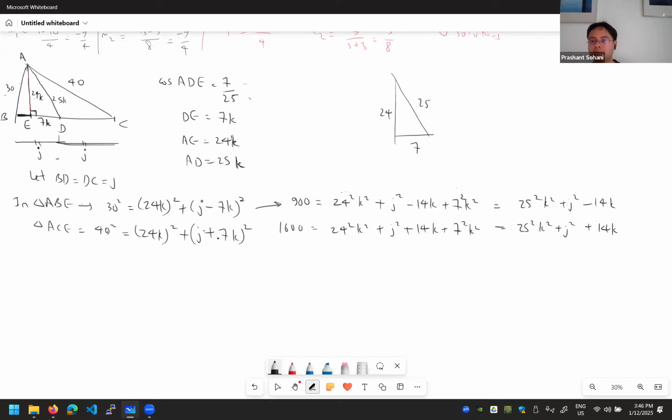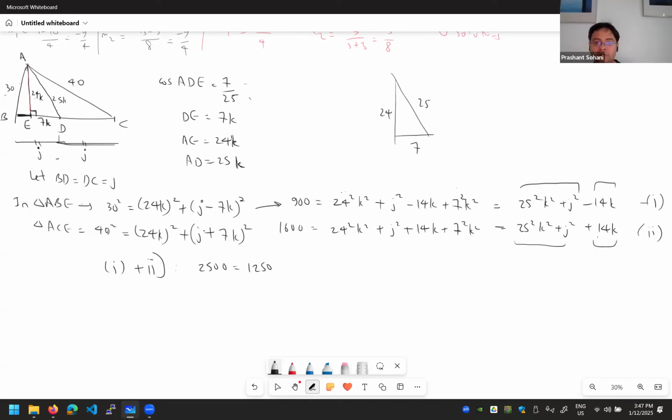Okay. So I know this term and this term, this minus this and this plus this, I know. So I can just add and subtract these equations to get the individual values. Right? So if I call these equation 1 and 2, then if I add equation 1 and 2, I'm going to get 2500 is equal to, the 14k term cancels, and I'm going to get 50, 25 square is 625, right?